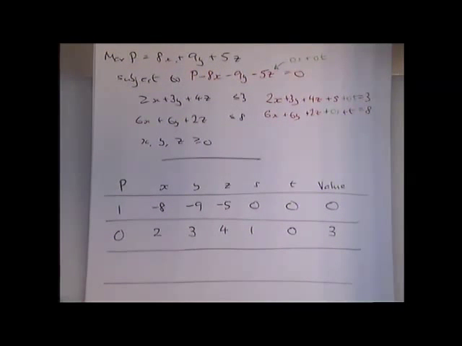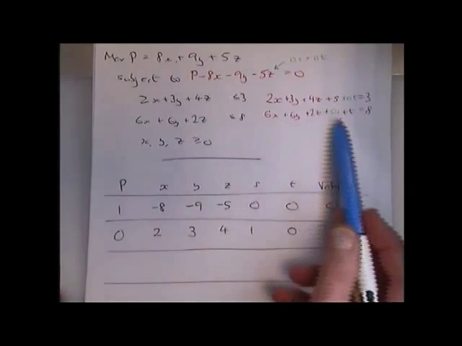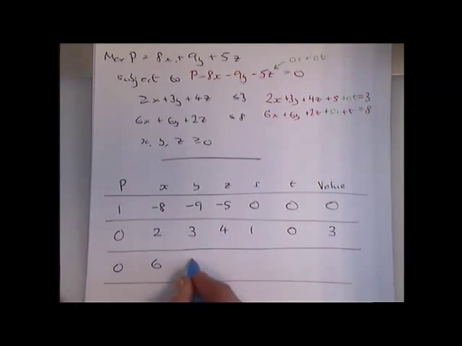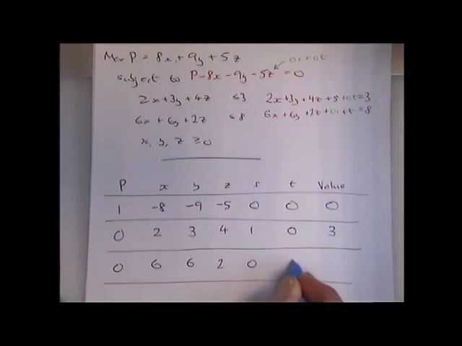Rob, the next row will come from this constraint here. What will that one be? 0, 6, 6, 2, 0, 1, and 8. That's right. Okay, so that's the initial tableau at this point.